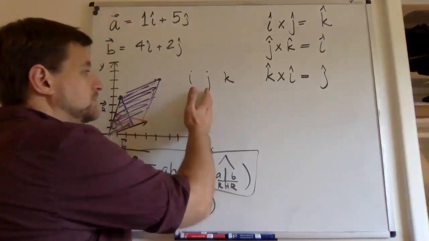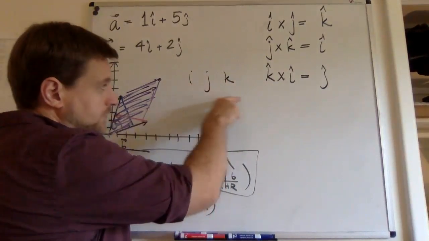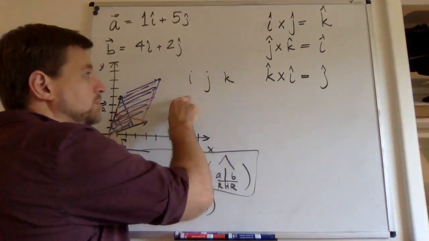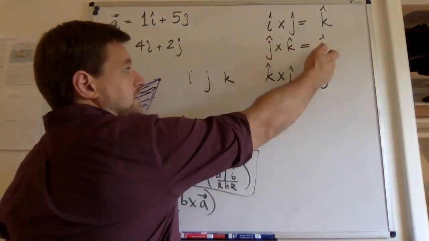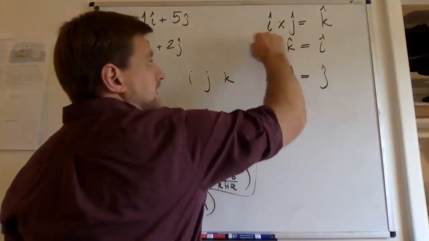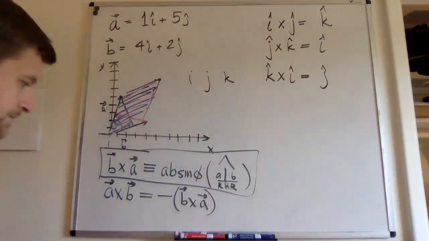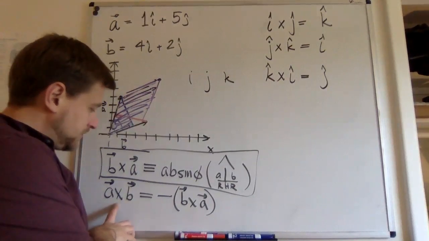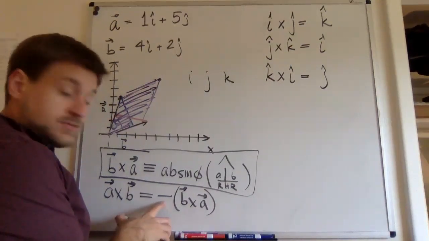If we start from j and go forward to k, if we keep going, we're going to loop around to i. Start with j, then k, then i. We start with k, then i, then j, always in that order. If we multiply them the other way, we introduce a minus sign.